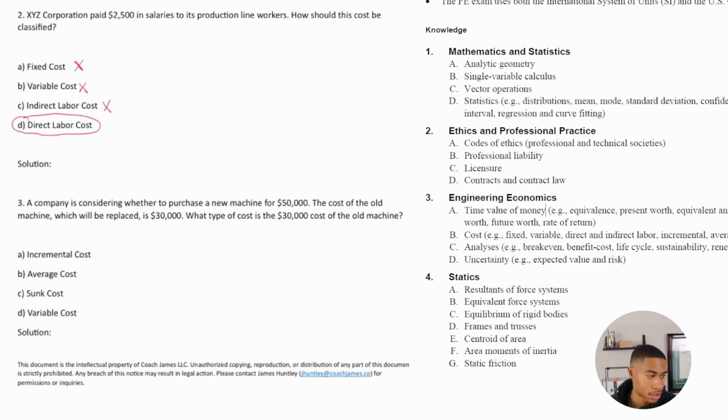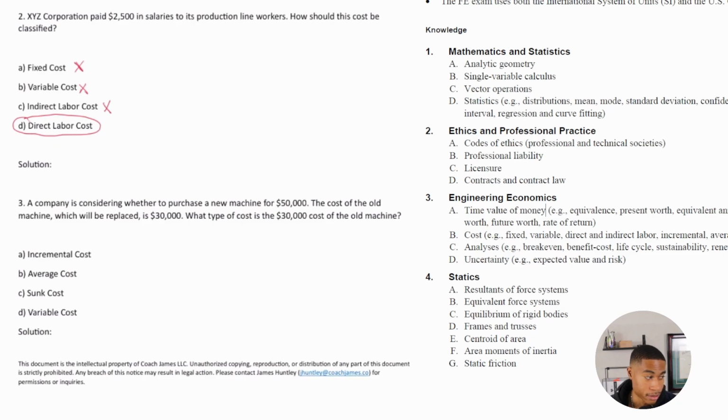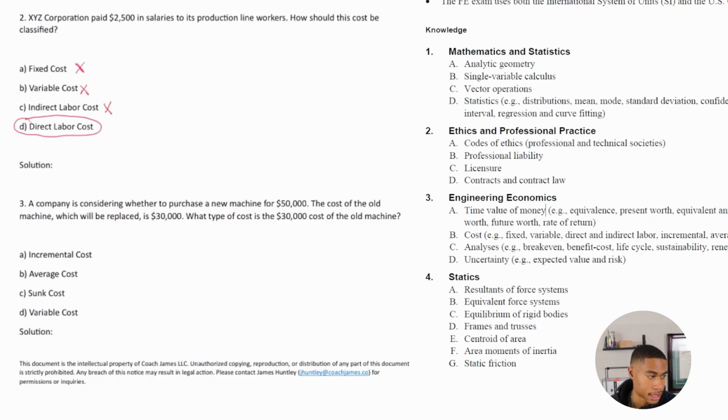Average cost, that is what it sounds like. And I would say incremental is not what this is, because it's not happening over a few different times. Like this is being completely replaced. Whole thing is being gotten rid of.